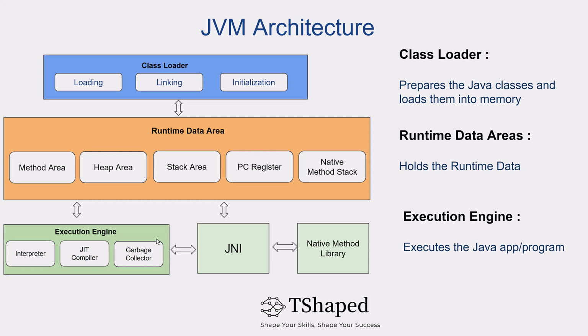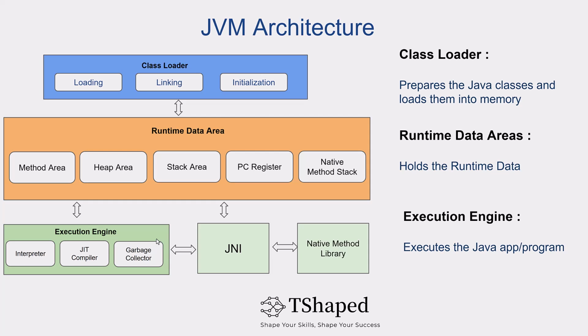So basically the conclusion here, before we proceed further, is that the JVM is the one who executes the Java program. And how does the JVM execute? It internally makes use of three major components. Number one, the class loader. Basically, it will load the entire code into its ecosystem.